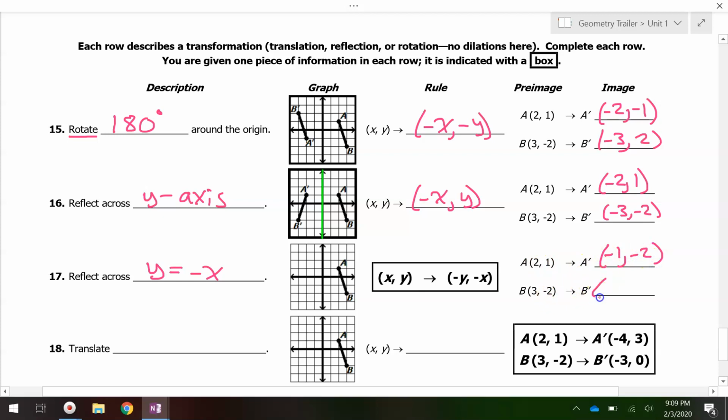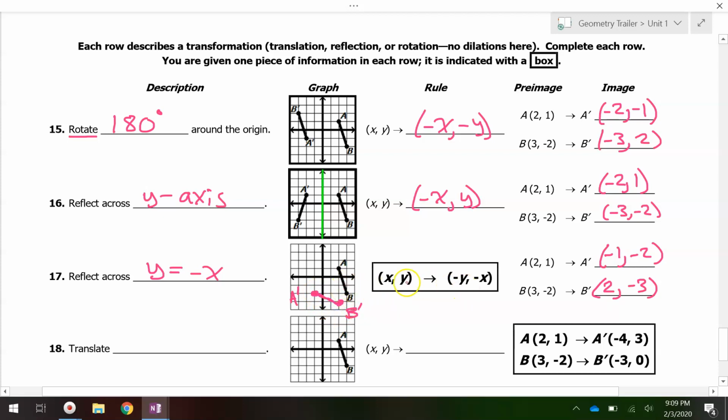The opposite of y will be +2, and the opposite of x will be -3. So -1, -2. That's going to be right here. And 2, -3. That's going to be right here. So this is A prime and B prime. All right, so that's going to be like this.